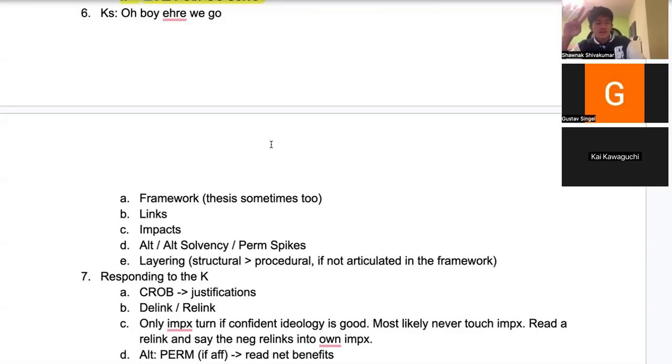The second critique is on the topic itself. So the resolution, like the US giving aid to Pakistan, perpetuates systems of capitalism. That's one of the links. That's the epistemic link, I think. It doesn't matter. Epistemic and ontological links don't matter. Those are the two most common links. Either the plan results in something bad or is rooted in something pretty terrible.